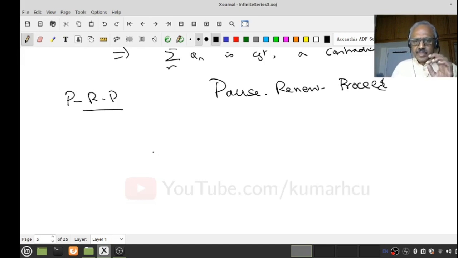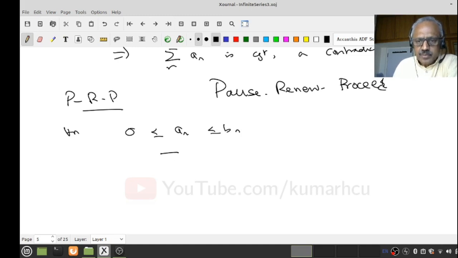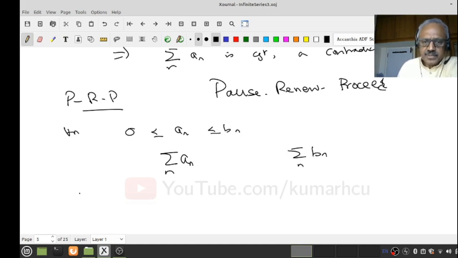Okay, let me quickly recall. Where you have a sequence that An is less than or equal to Bn for all n, they are all non-negative numbers. Then I form the infinite series summation An and summation Bn. What is the first thing it says?